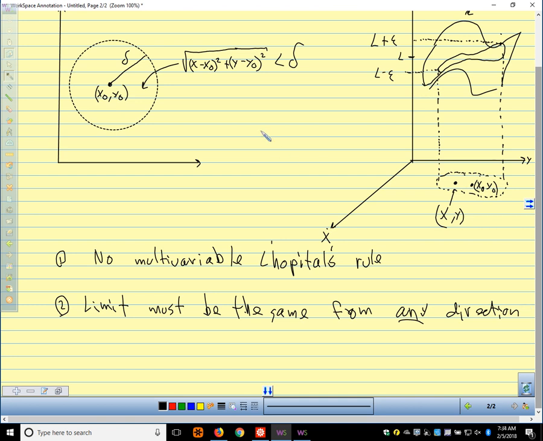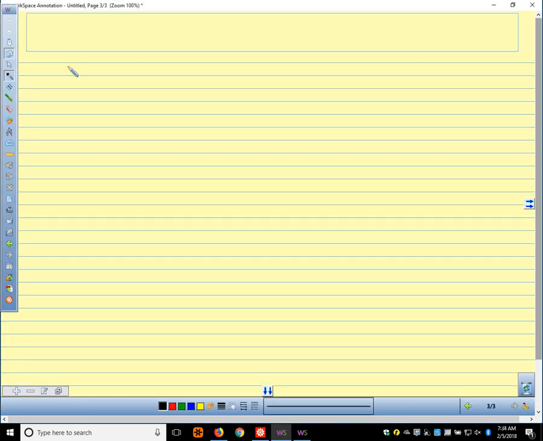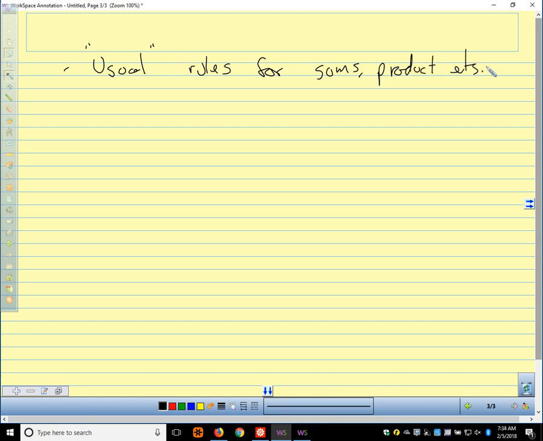All right, we good so far? Okay. All of our usual rules for sums, products, etc., still hold. So the limit of a sum is the sum of the limits.